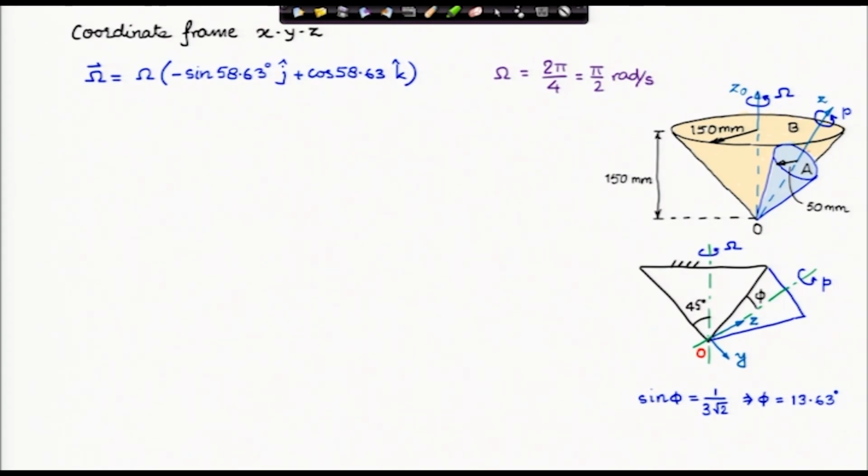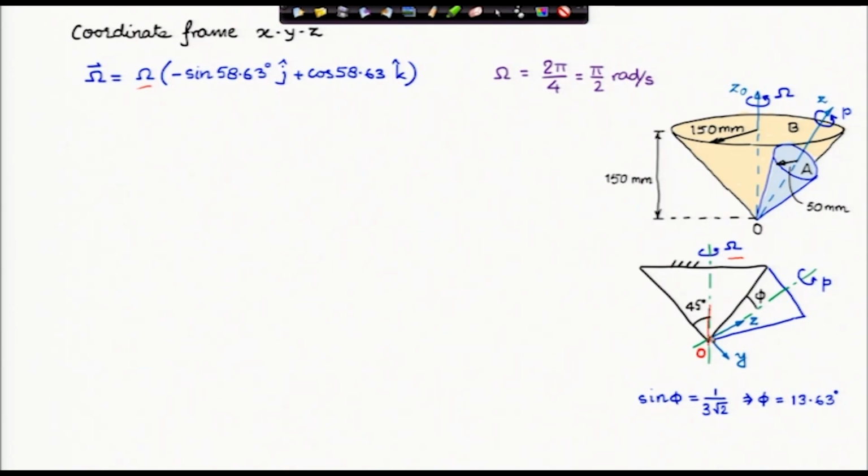This is how the spin axis is rotating about the inertially fixed z naught axis. This angular velocity is capital omega, and capital omega is the magnitude of omega times the unit vector expressed in the x, y, z frame.